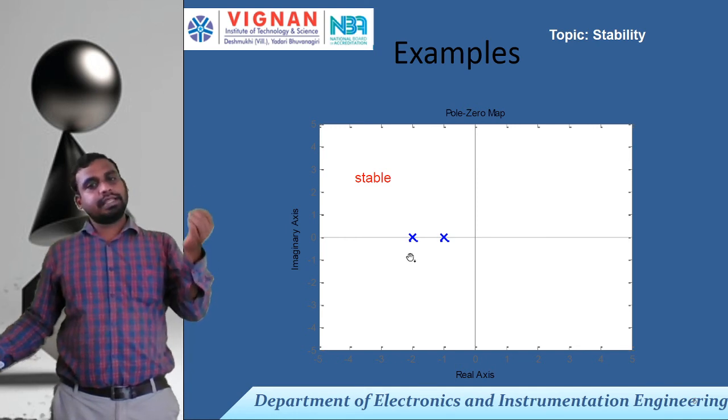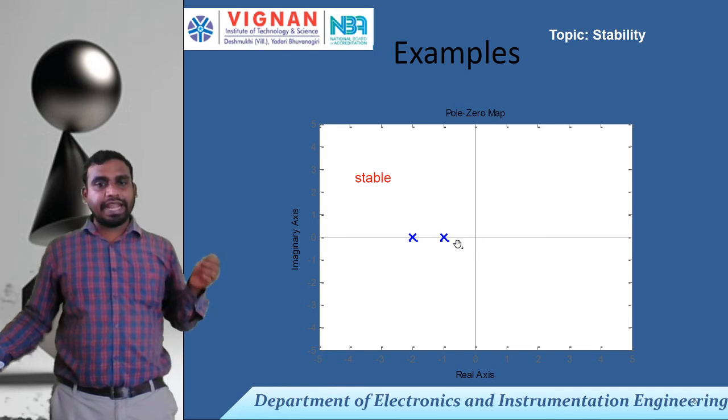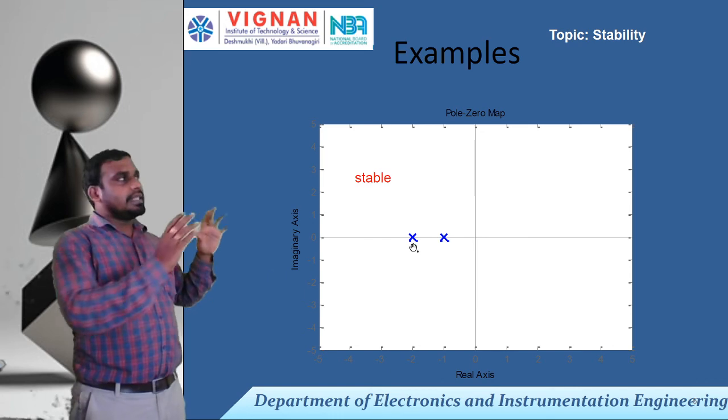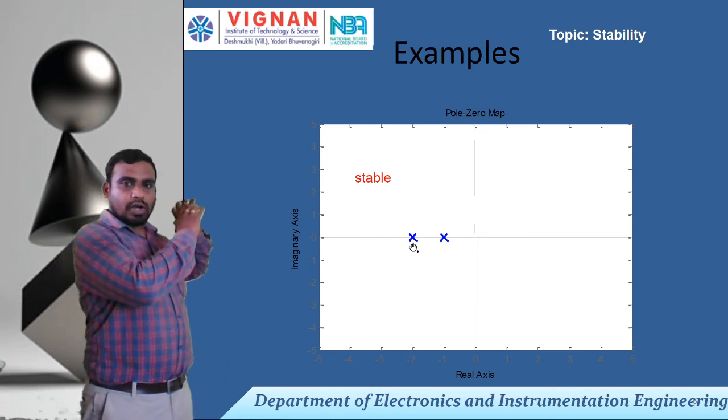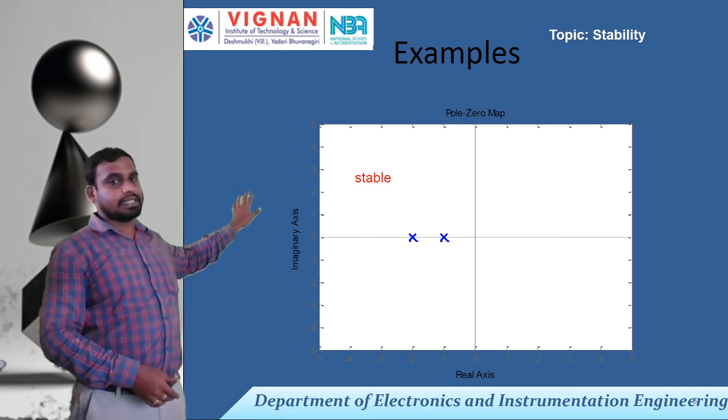S equal to minus 3, S equal to minus 2. This is the left half of the plane where the negative poles will be, minus 2 and minus 3. If we have this kind of poles, and there are no other poles on the right hand side, then the system is said to be stable.